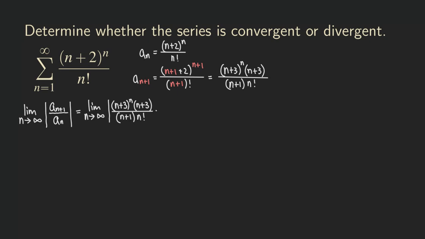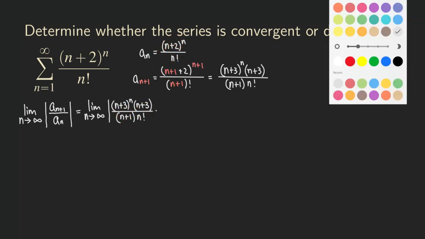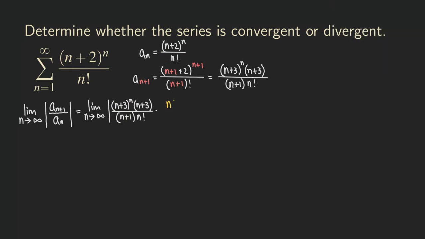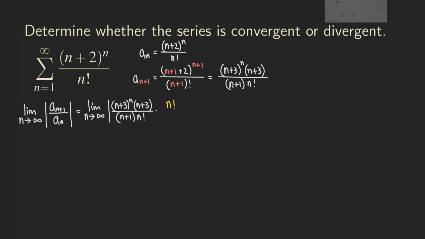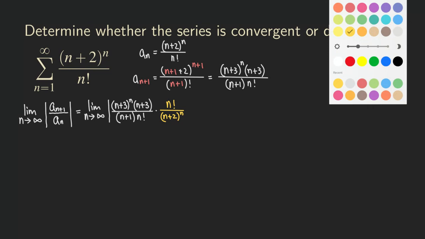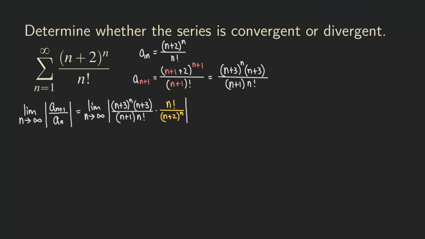Now let's take the reciprocal of a sub n. So we get n factorial over n plus 2 to the n power, and then we take the absolute value of that.